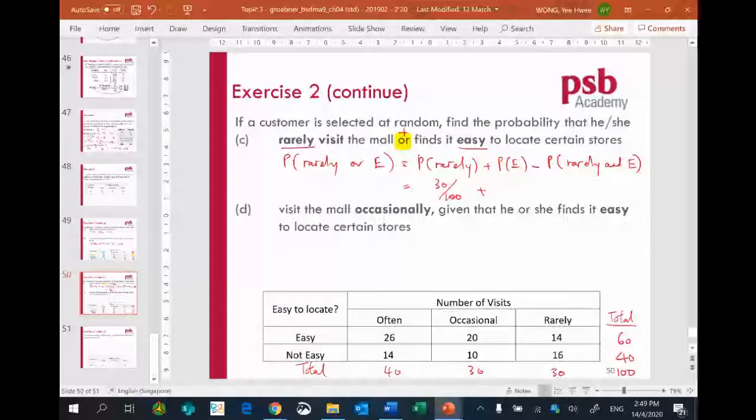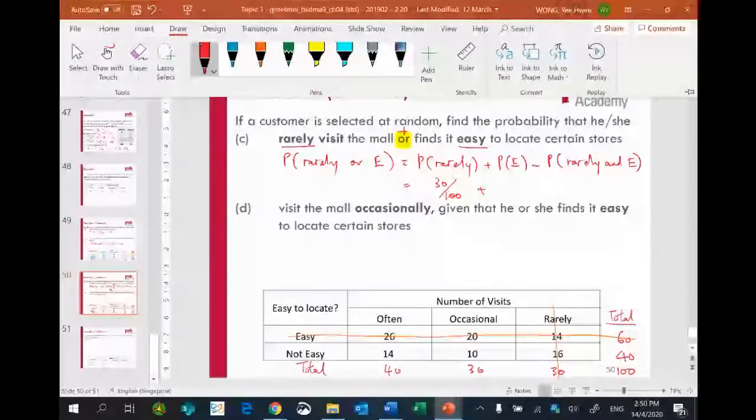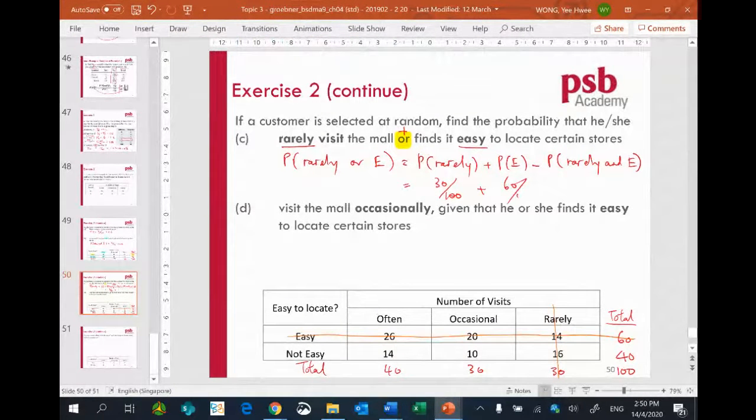Okay, and rarely is this. So easy, 60. Rarely, 30. Then you have to take away when these two happening at the same time, rarely and easy, which is 14. So just press your calculator. You press your calculator, you get 30, 60, 90, take away 14 with 76.